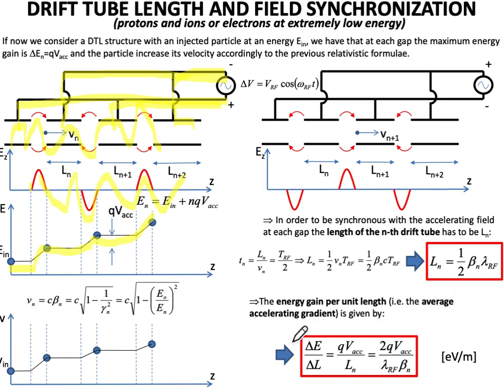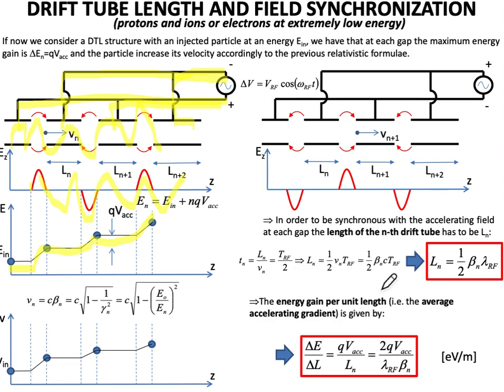So the average acceleration gradient, the energy gain per unit length, dE by dl, is equal to q times V acceleration divided by L_n. Substituting L_n equal to half beta lambda gives the energy gain per unit drift tube length. This is a complete picture of the field synchronization condition of a drift tube length.